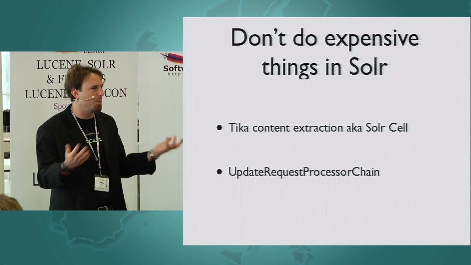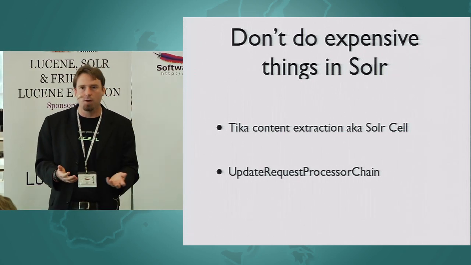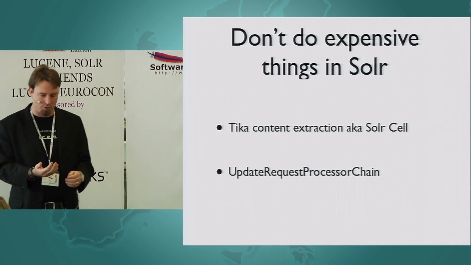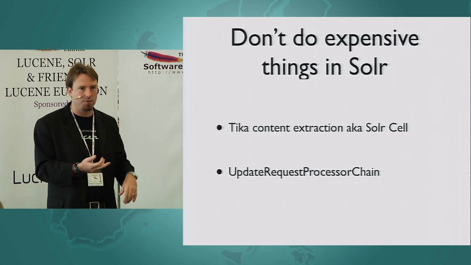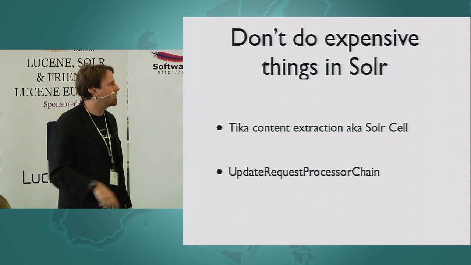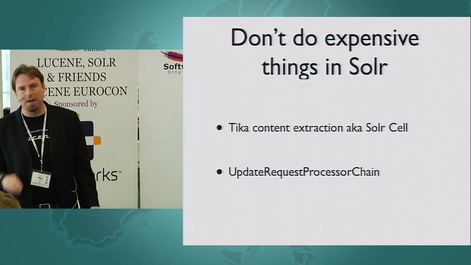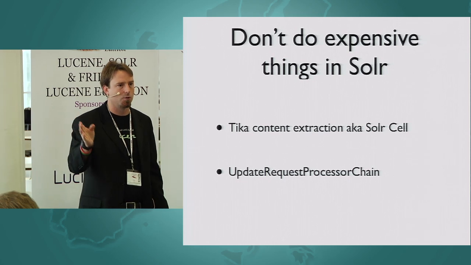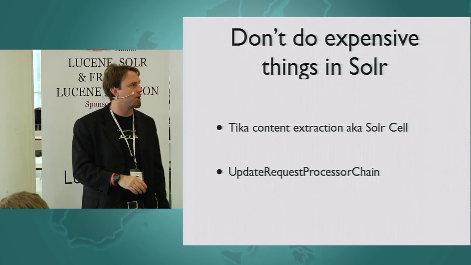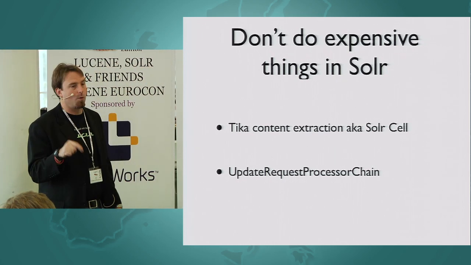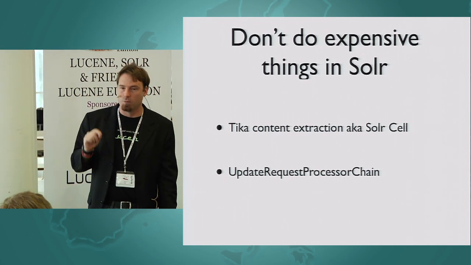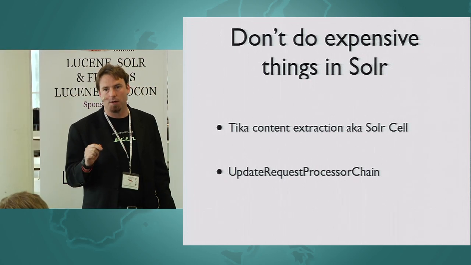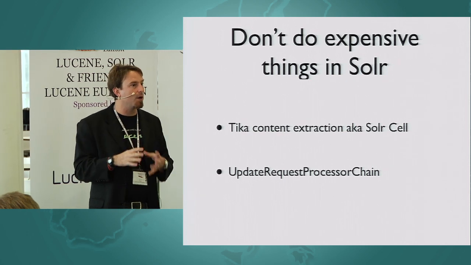Your search index is typically going to be your least scalable thing, right? And it already has so much work to do with ingesting data and building the index and serving up queries. Don't do expensive things. So it's great that you can prototype things, but if you're doing content extraction, do it outside of Solr. Do it out in your cloud of ingesters. The update request processor chain is a really, really cool feature in Solr that allows you to modify your incoming documents.